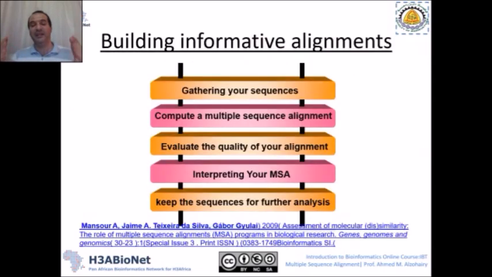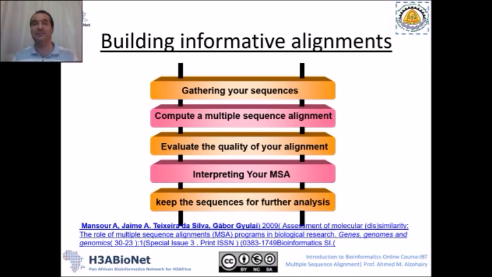Anyway, first, if you would like to build a multiple sequence alignment and get information from it, you would like to know how to gather your sequences in the right way, how to compute your alignment in the right way. Also, evaluation is very important, evaluation of the quality of the alignment.